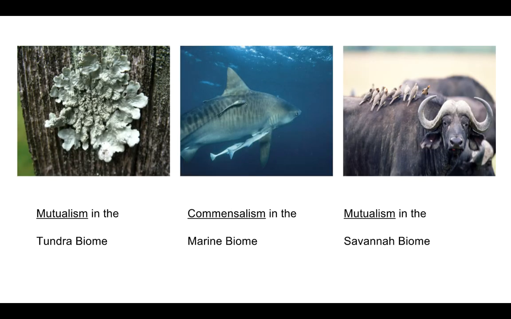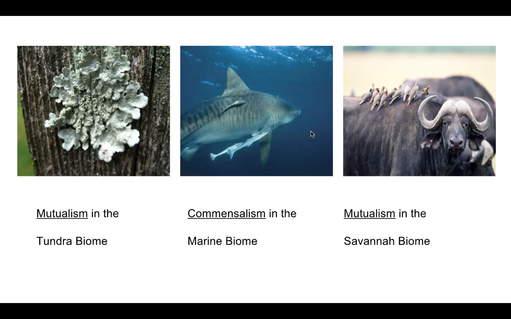Mutualism in the tundra biome. So as you can see, we have some different things here that these two organisms are working together. Commensalism in the marine biome. Commensalism, as we can see, these tag along. They're taking the food leftovers from the shark.